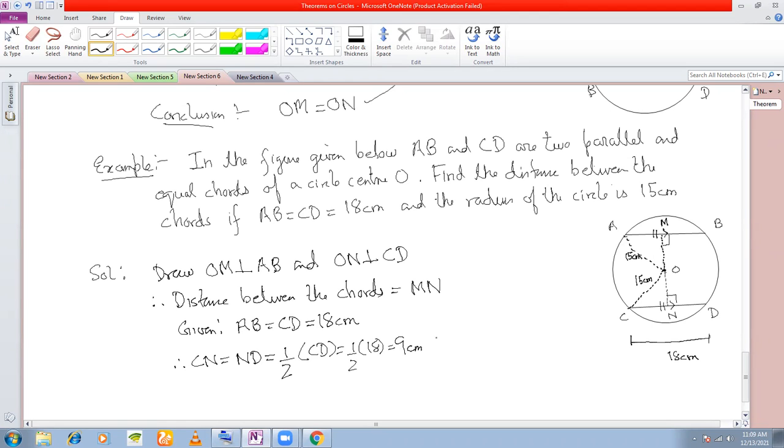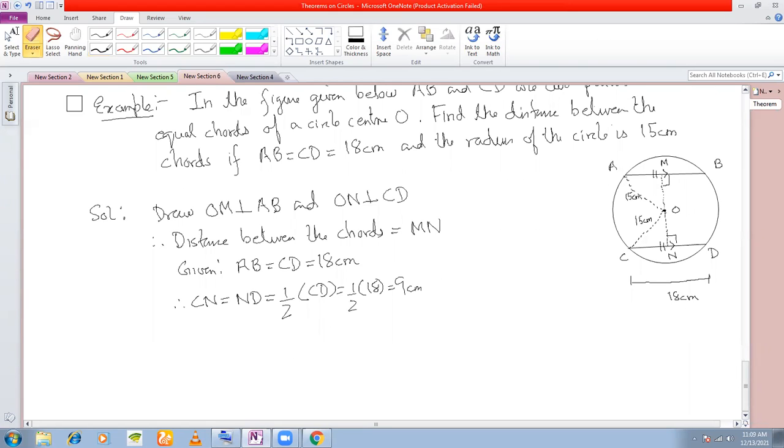And what is the reason? Similarly, because the reason for both will be the same, AM must be equal to MB must be equal to 9 centimeters. Let's write this as half of AB, half of 18, which is equal to 9 centimeters, right? And what is the reason for both?